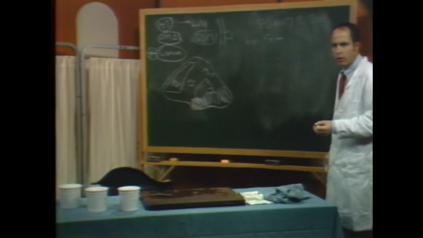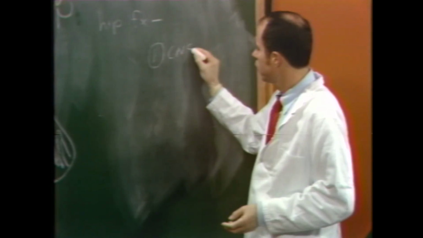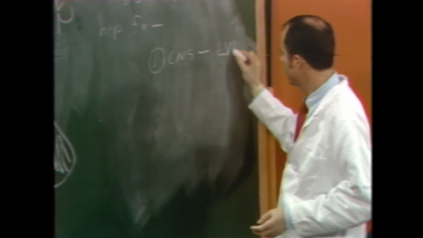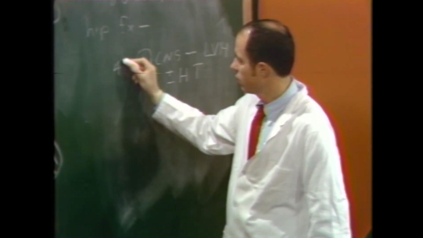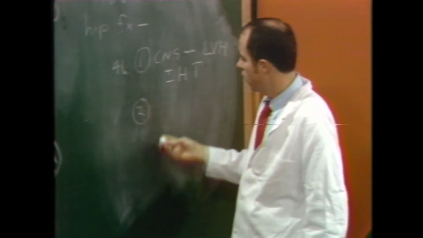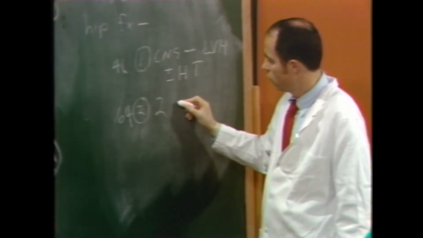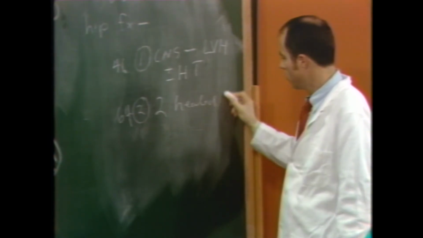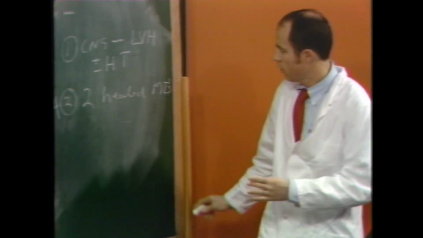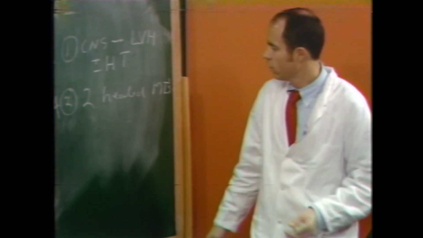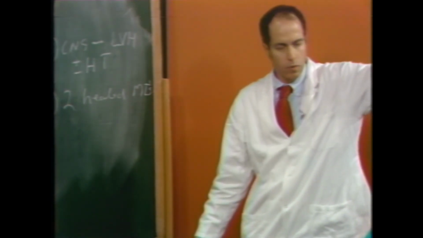There's no cavity dilatation. Okay, so we've had three patients. The first patient had a CNS bleed and had LVH. And there was plus or minus hypertension, and the man was only 46, right? The second patient was 64, had two healed myocardial infarcts 12 and 13 years earlier, and other than a few premature ventricular beats, the last 13 years there was no evidence of cardiac dysfunction, and his blood pressure progressively increased.